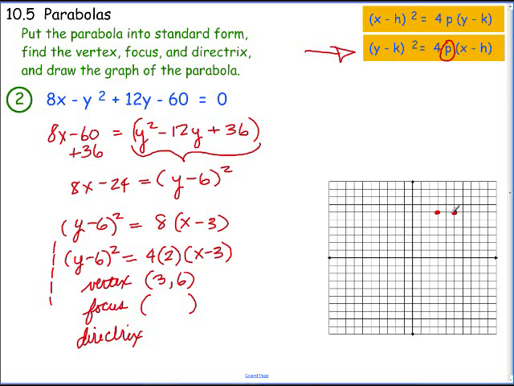So there's my focus. Now I can say what my focus is. It's 5, 6. And my directrix is going to be x equals, and it's going to be 2 less. So here's my directrix, very sloppily drawn, sorry about that, which is 1. X equals 1.